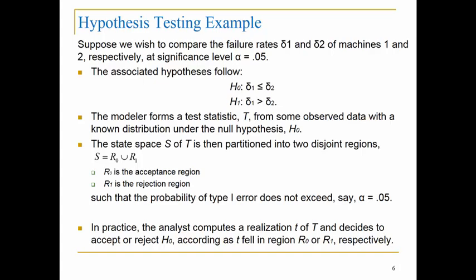R0 represents the acceptance region, and R1 is the rejection region, such that the probability of type 1 error does not exceed alpha, 0.05. So in practice, the analyst computes the realization of t, which comes from this t distribution, and decides to accept or reject H0 according to whether t fell in the region R0 or R1 respectively.